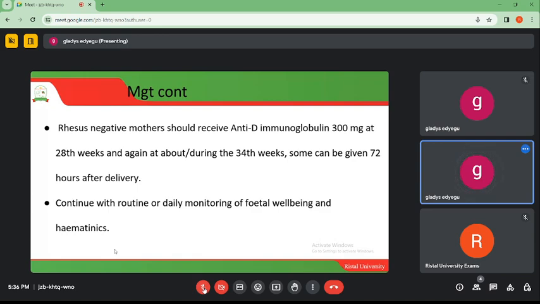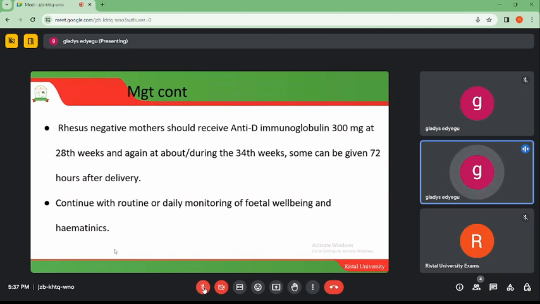But in subsequent pregnancies, the baby ends up being taken as a foreign body by the mother's antibodies, and the babies are lost as abortions. So we always support these mothers by giving them the anti-D immunoglobulin at 28 weeks and at 34 weeks. And those that we don't identify around this period, we give them at 72 hours after delivery so that they can continue having the next pregnancies successfully.